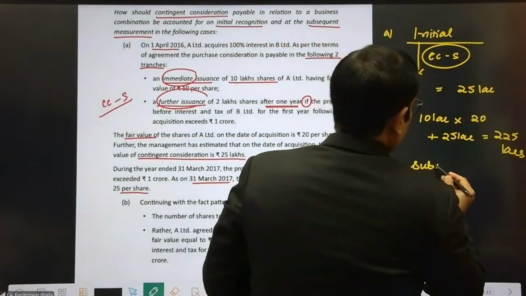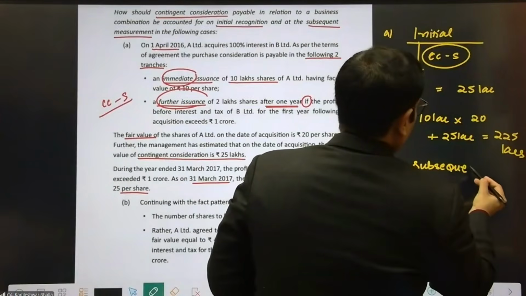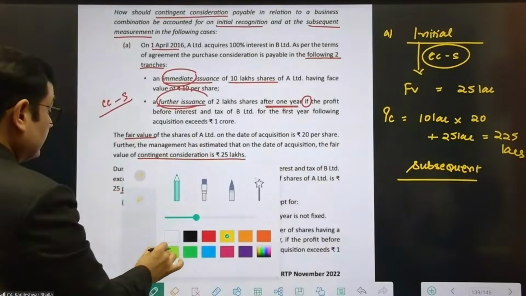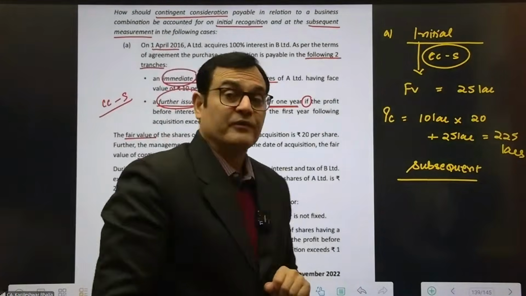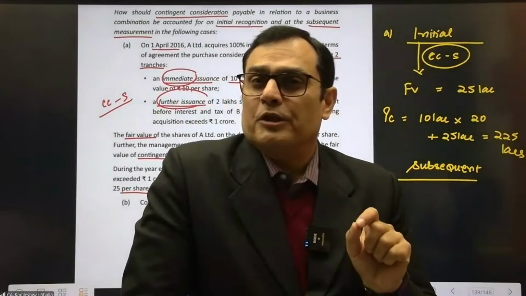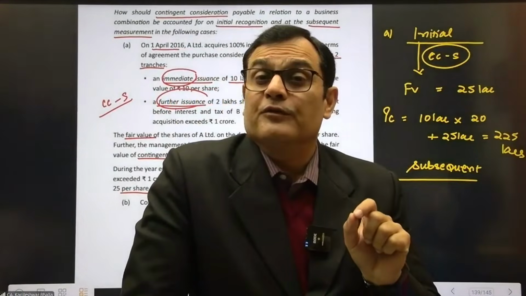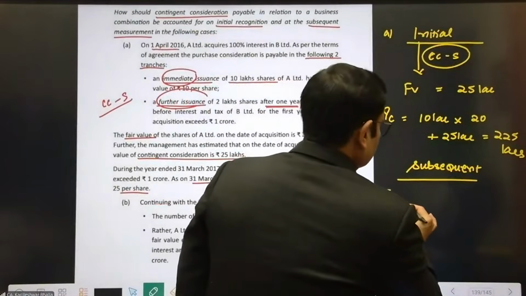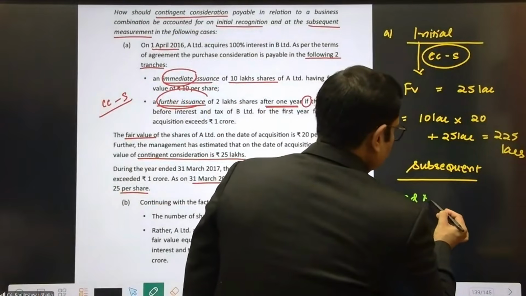Now let's come to the subsequent accounting as well. For the subsequent accounting, you need to first of all decide: is this contingent consideration a financial liability or is it an equity instrument? We told the shareholders of the acquiree that we're going to give you 2 lakh shares. So can I say if you're giving 2 lakh shares, it is supposed to be a fixed number of equity shares?